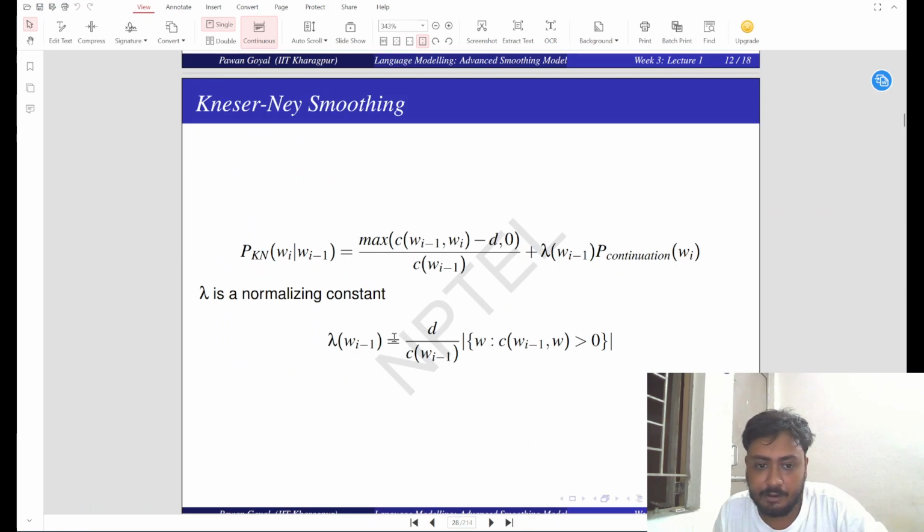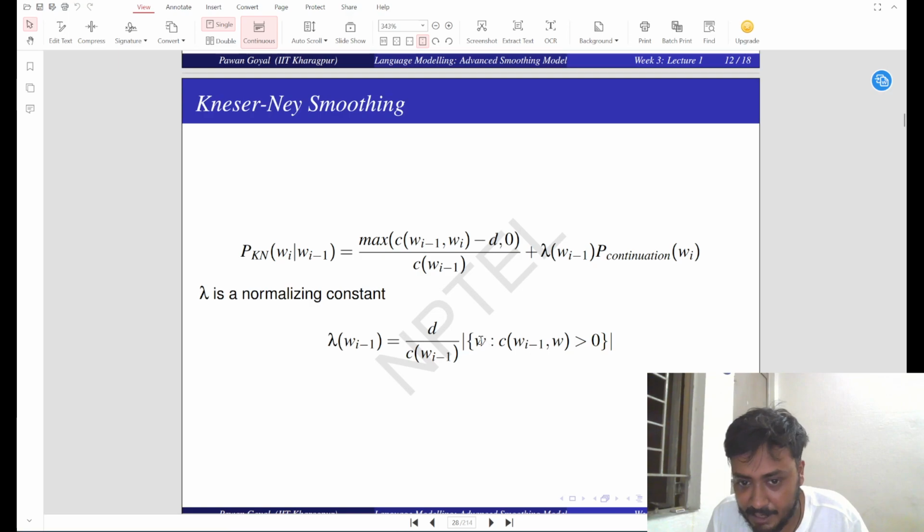Lambda. Lambda is based on, here it will be lambda A. So it is based on whatever you are conditioning the probability. Over here that is D divided by count of Wi minus 1, into this thing. What is this thing? This is the number of unique bigrams that start with Wi minus 1.